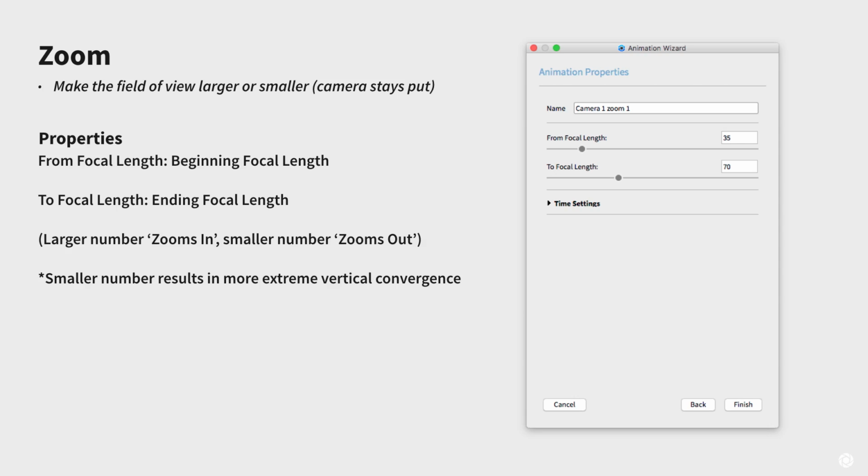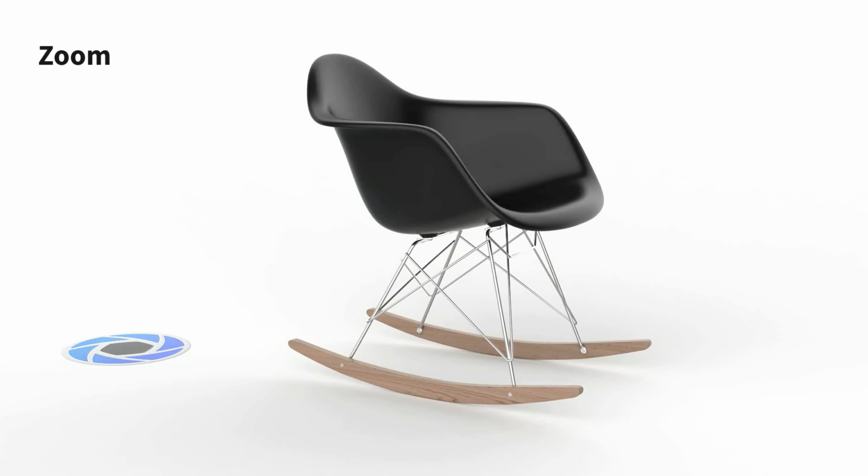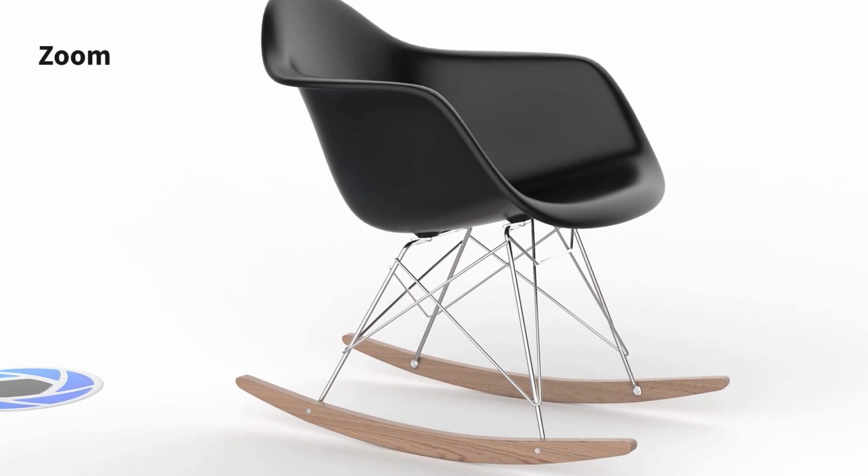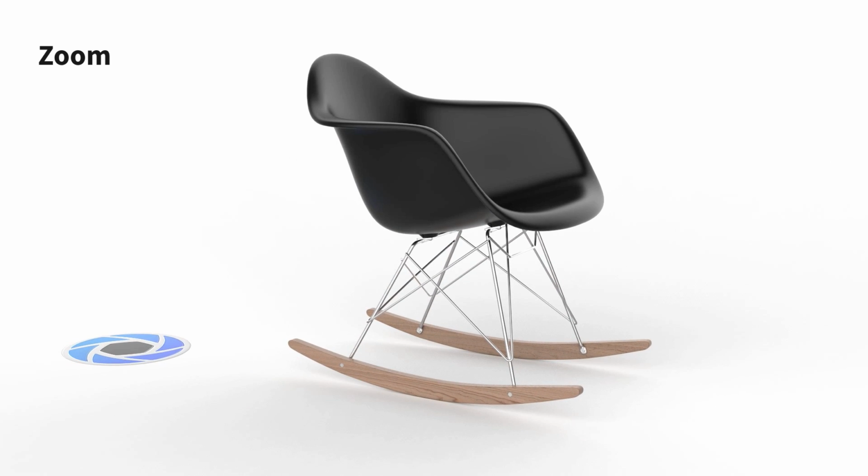Now think: the smaller the number you put in here, the wider our field of view is going to be, and with a larger number, the smaller the field of view is going to be. So the smaller number is going to essentially zoom out further from our scene. In this example here, if we zoom, we're not zooming out, but we're zooming in, and then we zoom back out there. Again, that's where the camera stays put.